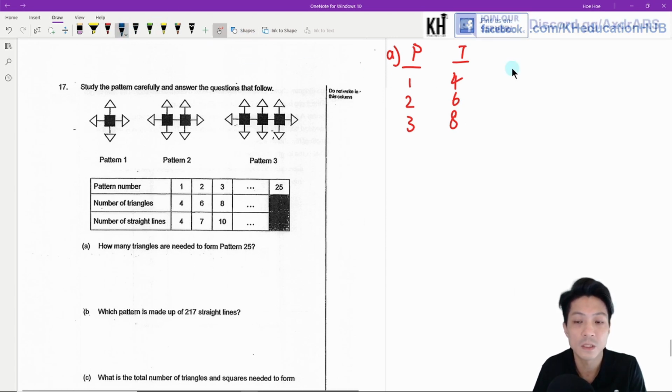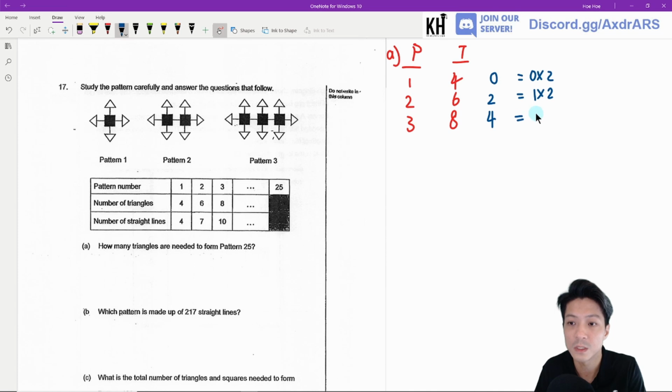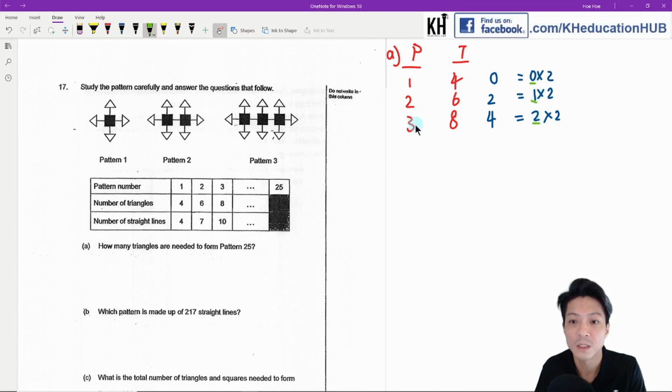The first thing that we always do is minus 4 from every one of them, so it becomes 0, 2, 4. So this is basically your 2 times table. 0 times 2, this is 2 times 2. You can see that these numbers, if you plus 1, will give you the bigger number.